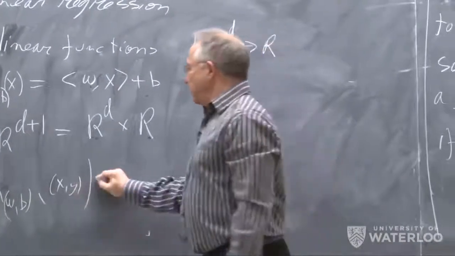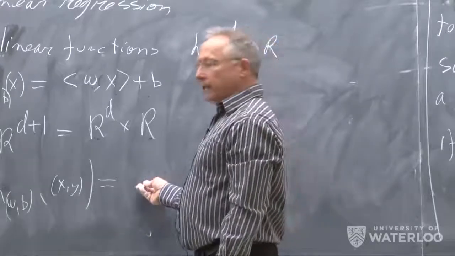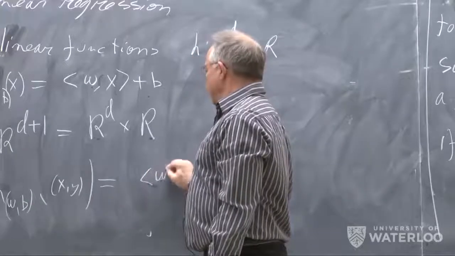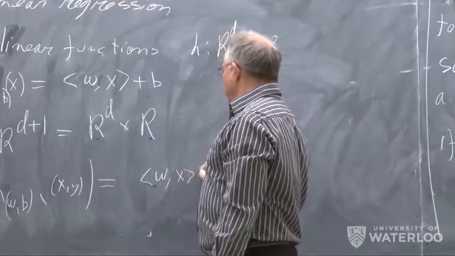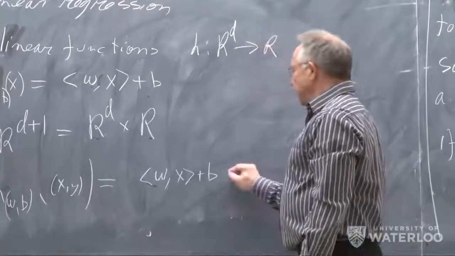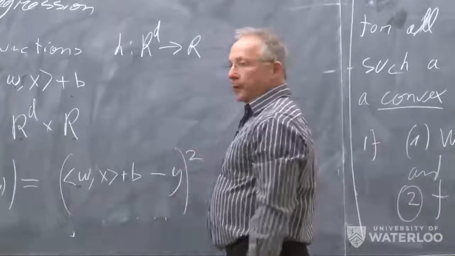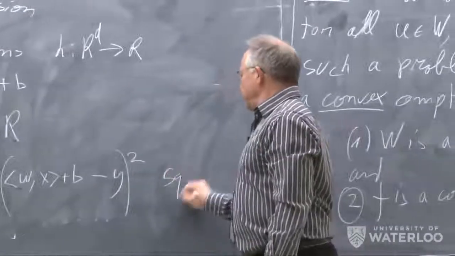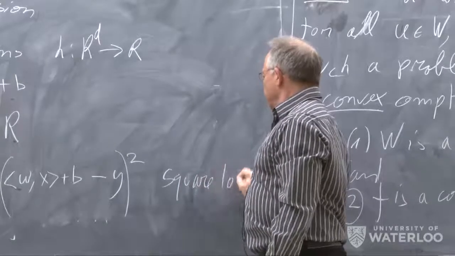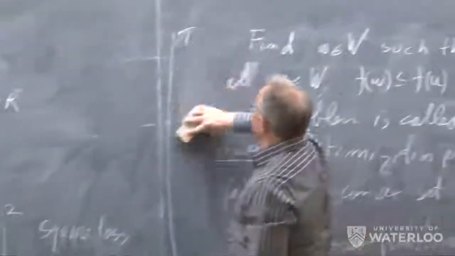And I can talk about the square loss. I apply w·x plus b, see how far I am from y, and take the square. So this is called the square loss. We mentioned this last time.